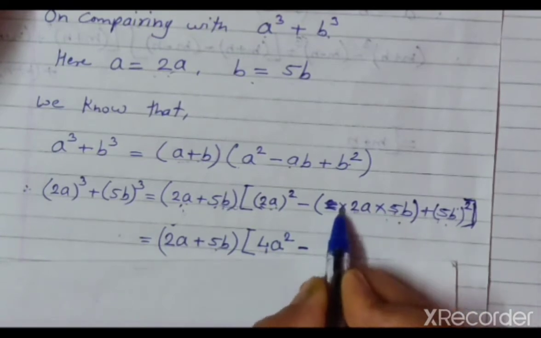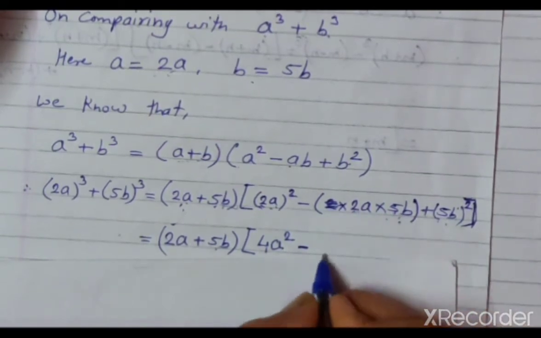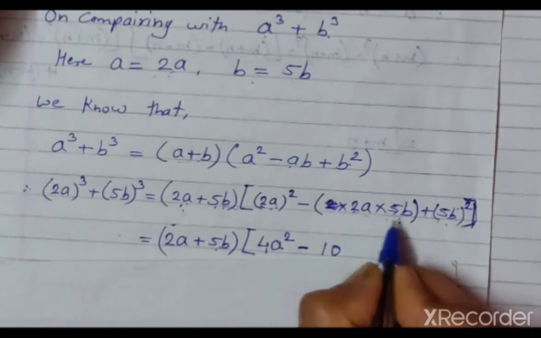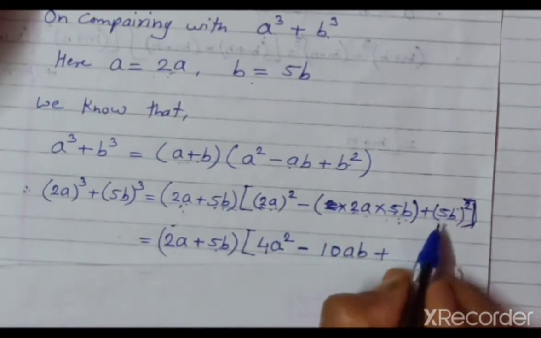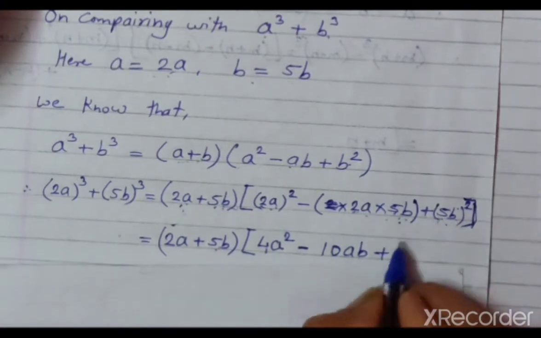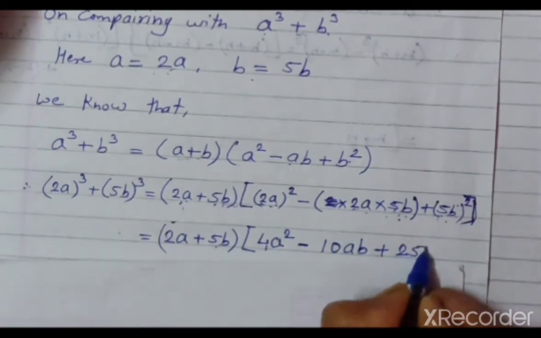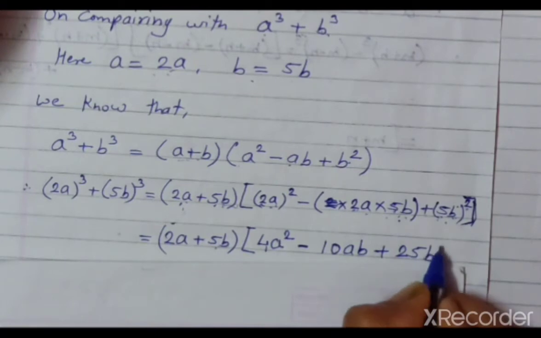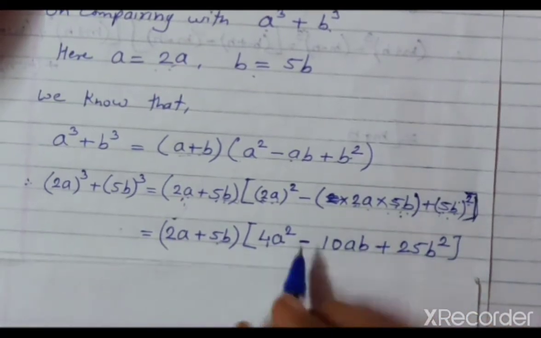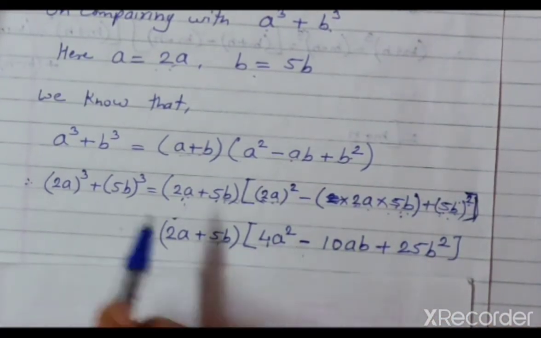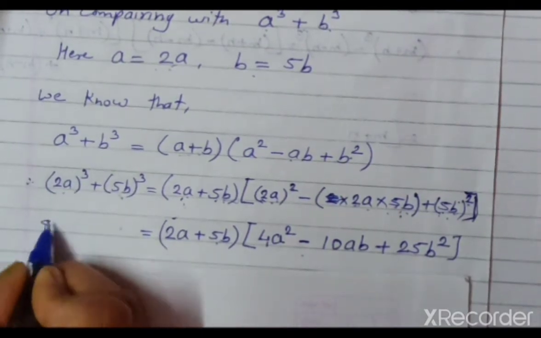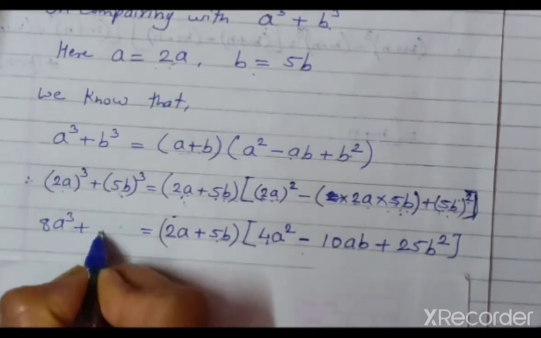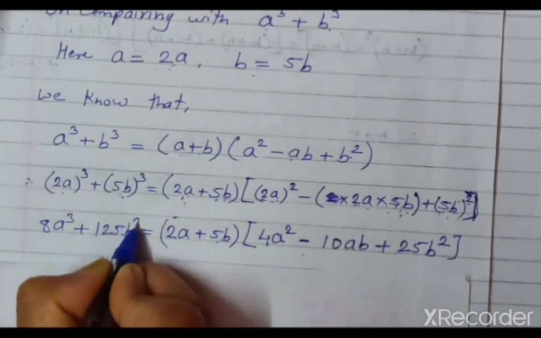Let's multiply it: 2 5s are 10, a into b, ab, plus square of 5 is equal to 25 and the square of b is equal to b square. So these are the factors of our question, that is 8a cube plus 125b cube.